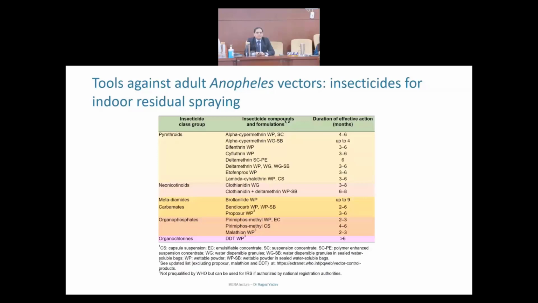This is a neonicotinoid compound for resistance management against those mosquitoes that are resistant to pyrethroids. And as I said, only 3-4 days ago we pre-qualified a new class of compound which can be effective for as long as 9 months with a single treatment. So these are the new types of compounds which are the alternatives.